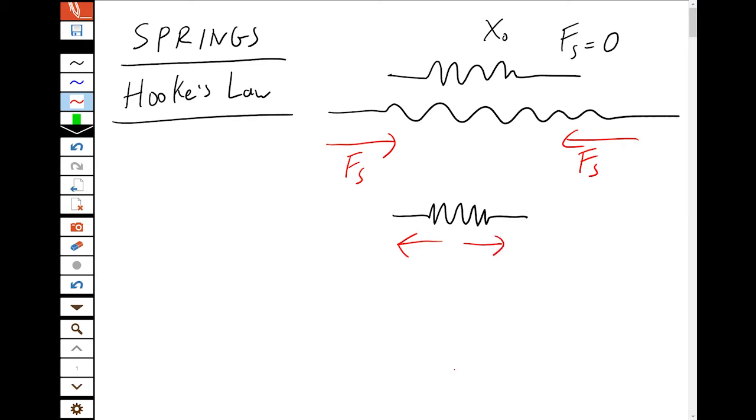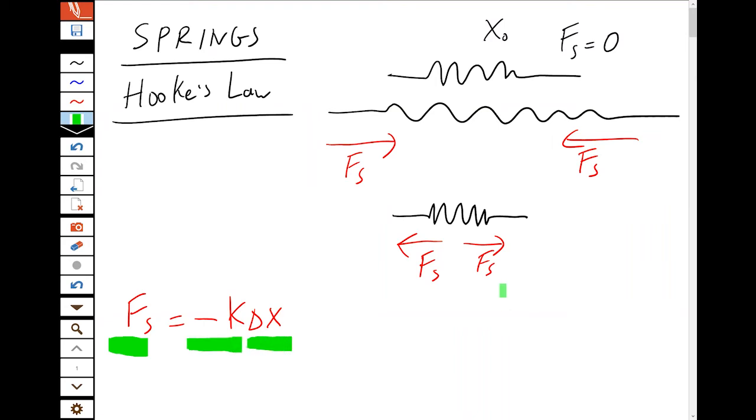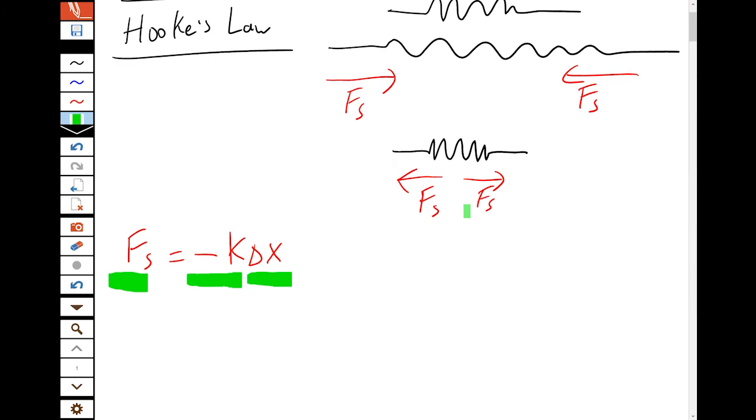The equation for this spring force is minus k delta x. Now notice how that is meaningless gibberish. Just saying a bunch of letters and minuses doesn't mean anything. What I should say is the spring force is minus the spring constant times the change in length of the spring. Now the spring constant is just a measure of how strong the spring is.